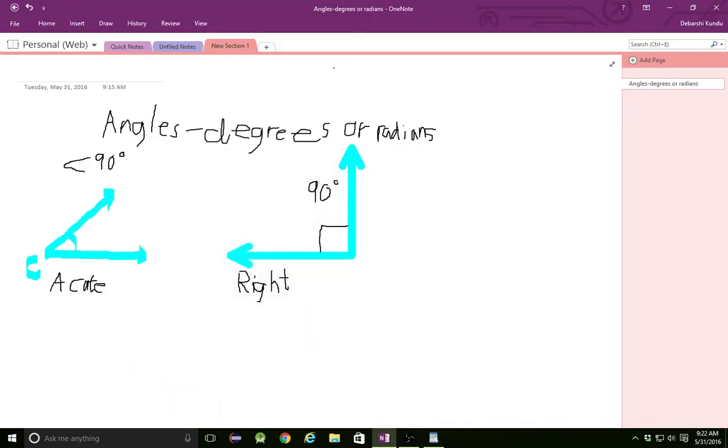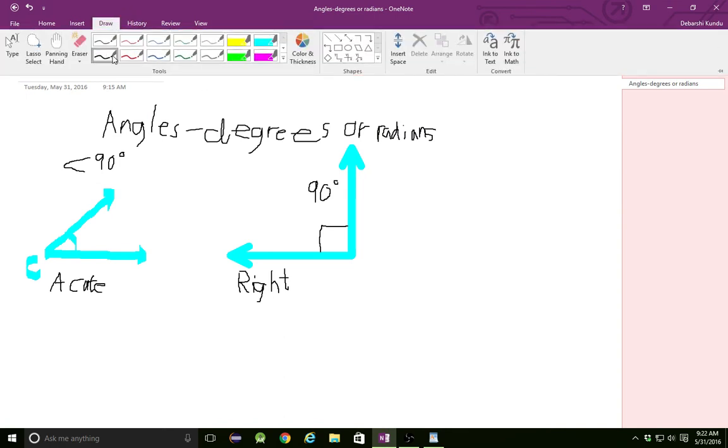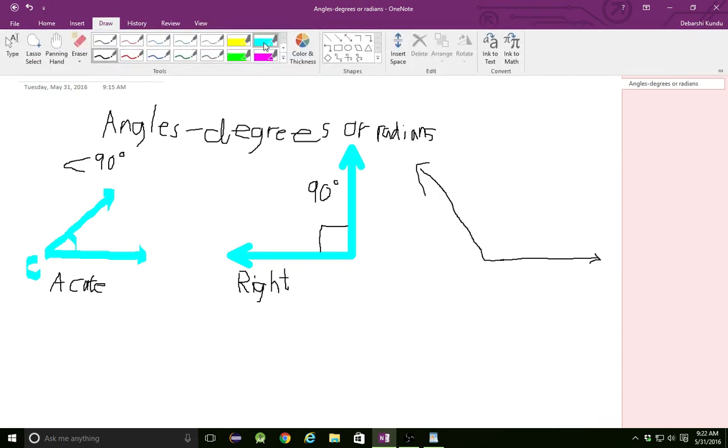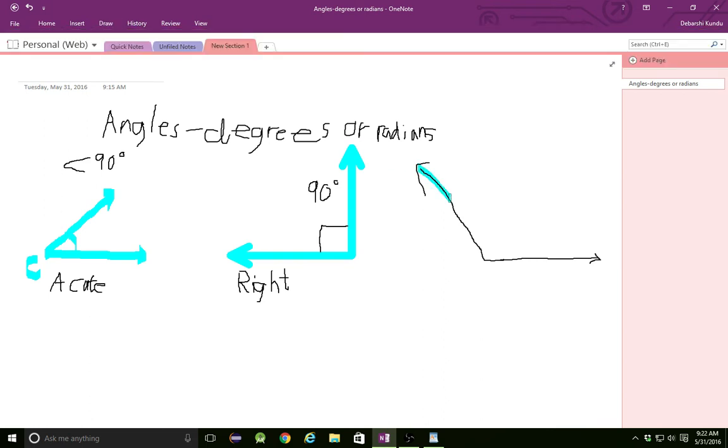An obtuse angle looks something like this. This is an obtuse angle.